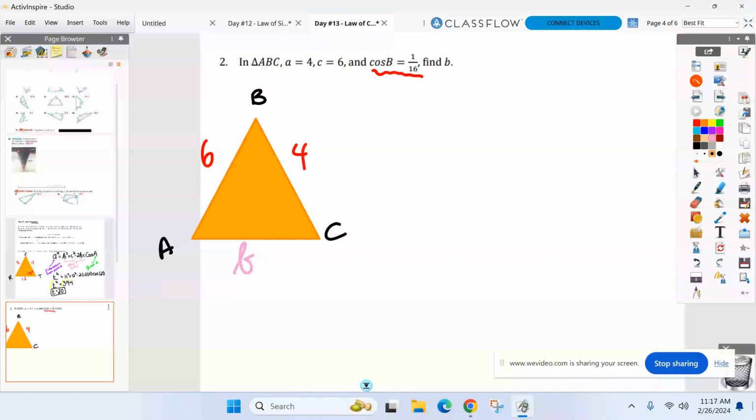Side B. So guess what? That's how I'm starting this law of cosines off with, B. The only thing it's telling me info about is B, so I use the side across. That's how I started off. Equals, here we go, other two sides squared, right? 6 squared and 4 squared.